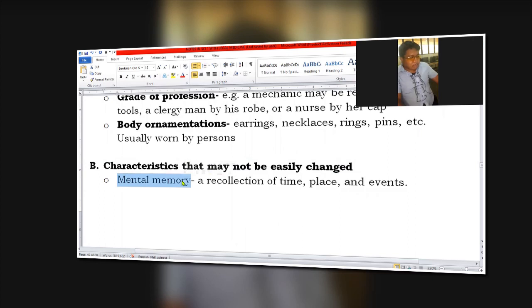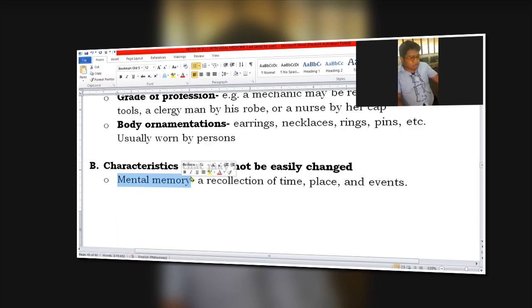Mental memory is a recollection of time, place, and visit. Of course, when you tell a lie, that is against your mind, because your mind knows what is true.